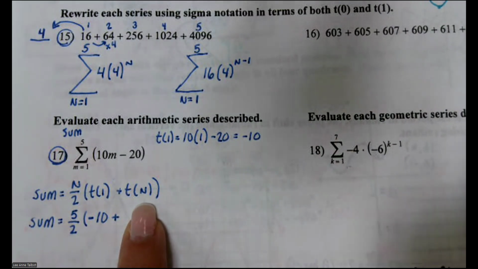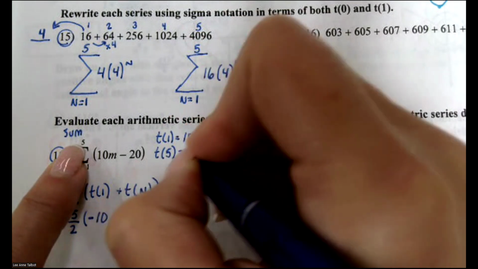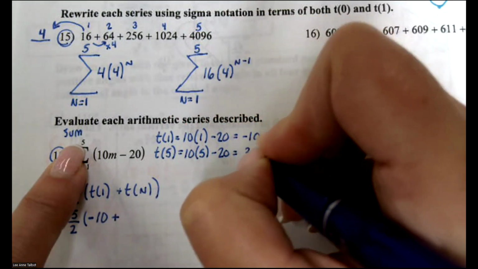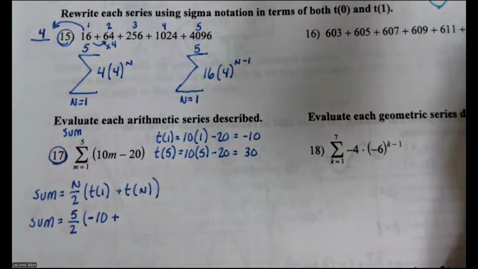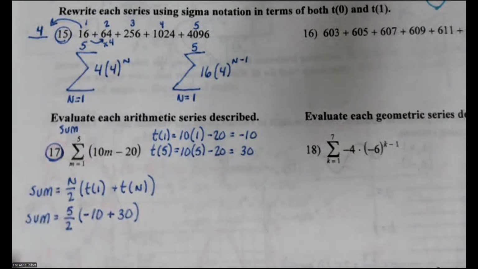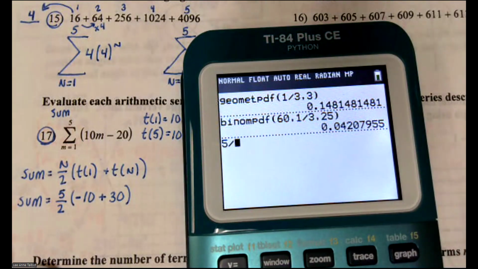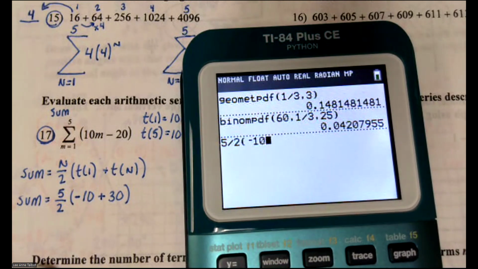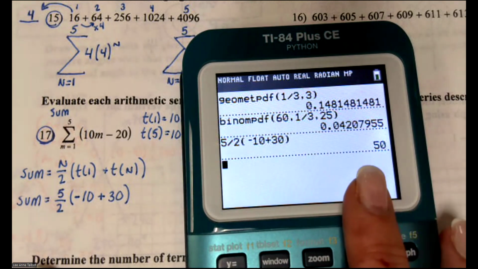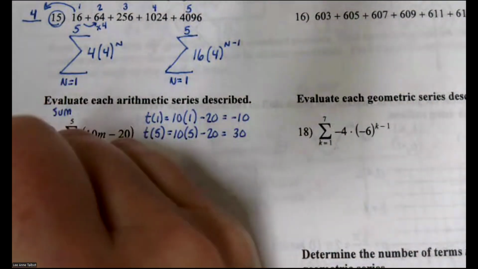I don't know, but I can get it by plugging in 5. And type in one fell swoop. Answer is 50.